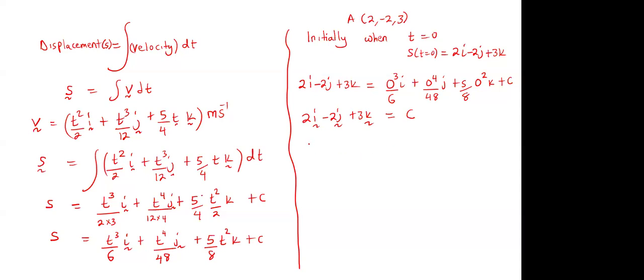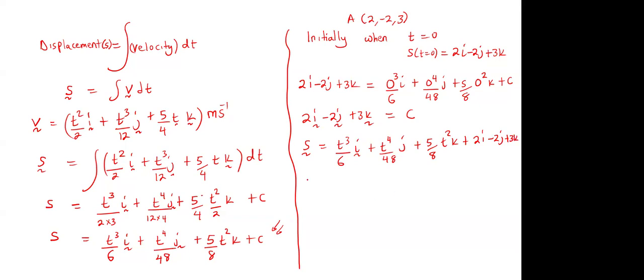Then from that point, we are going to go back and say, now what is our S? We come back here, and then we shall say now our vector S will equal t cubed over 6 i plus t to the power 4 over 48 j plus 5 over 8 t squared k plus c. But our c is now 2i minus 2j plus 3k.